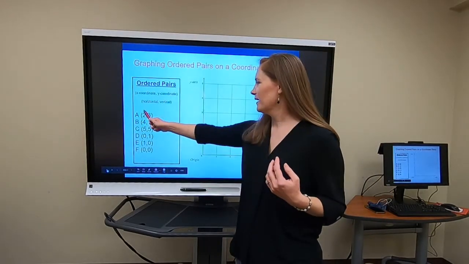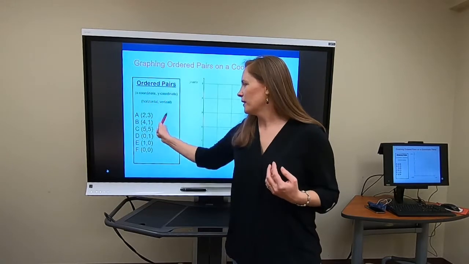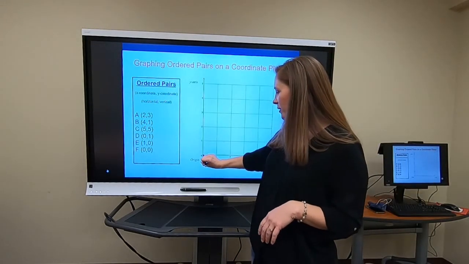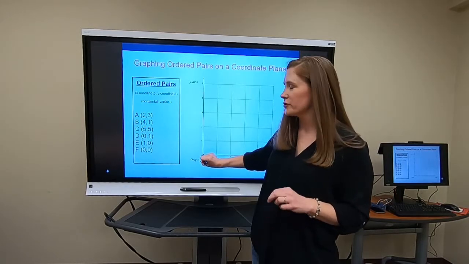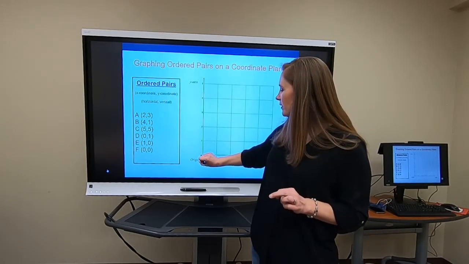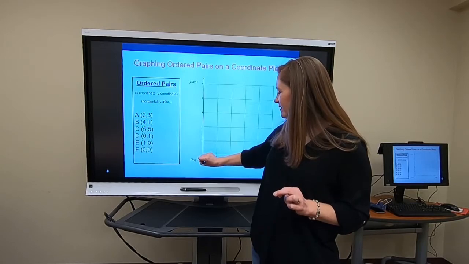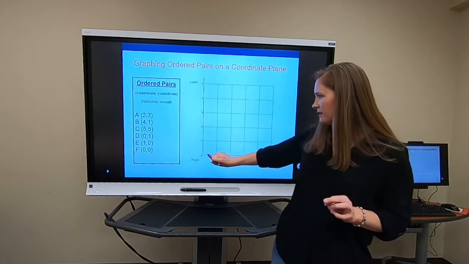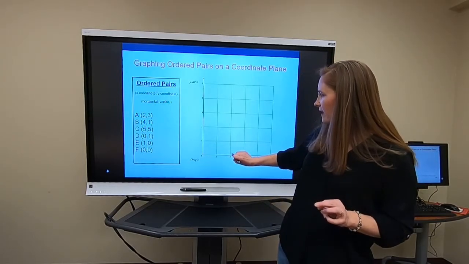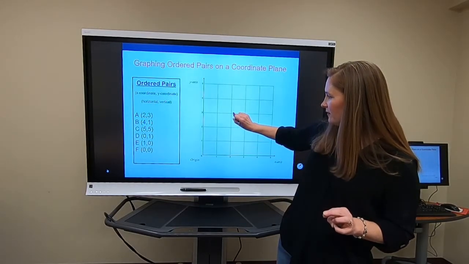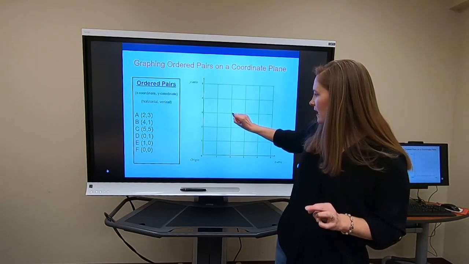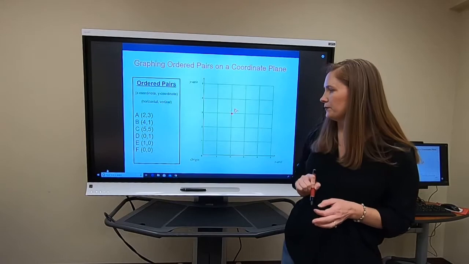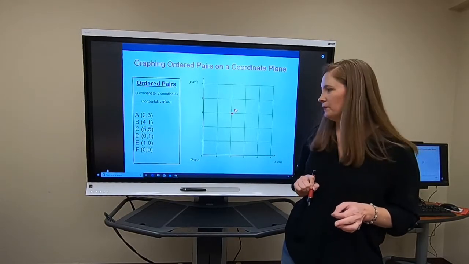Now we have point A, which is 2, 3. We're going to start at the origin. Always make sure you start at the origin. Then we follow the horizontal axis, which is the x-axis, over 2, and then up 3, following the vertical axis, and we label that point A. Everybody good?